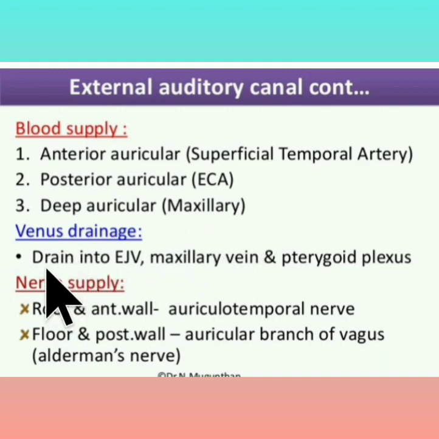Then venous drainage: the veins drain into the external jugular vein, maxillary vein and the pterygoid plexus. And nerve supply: the roof and anterior wall are supplied by the auriculotemporal nerve, and the floor and posterior wall are supplied by the auricular branch of vagus.